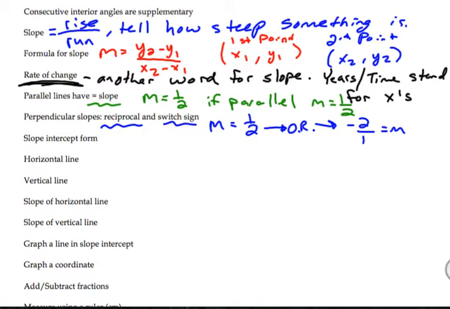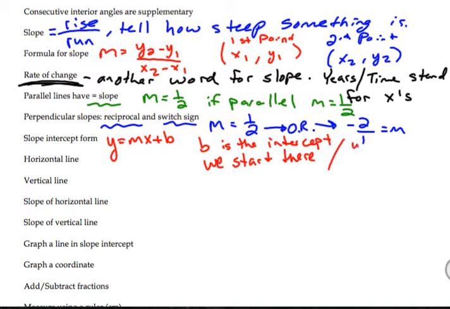Don't forget slope-intercept form, probably the most important thing on your final. Slope-intercept form is y equals mx plus b. Now, we use it to graph, so b is the intercept. That's where we start.